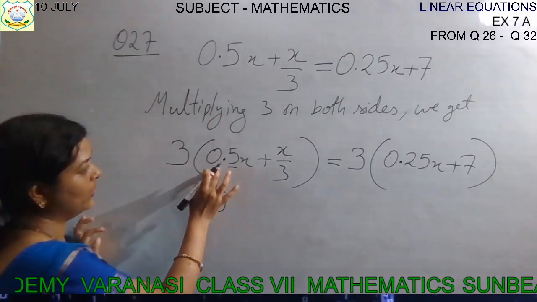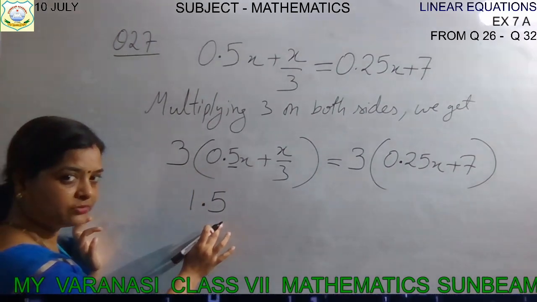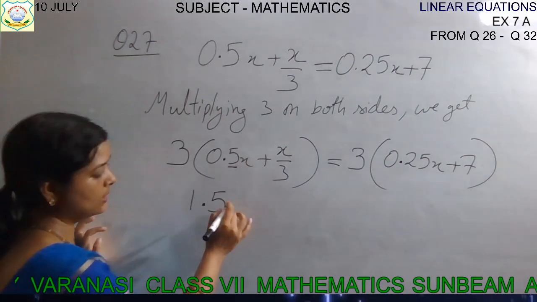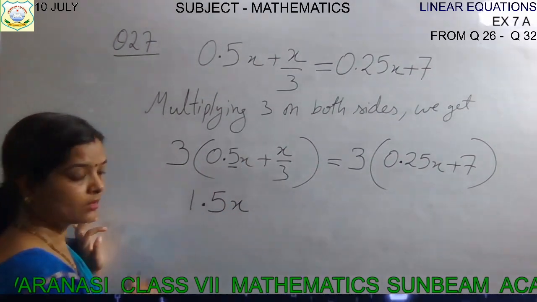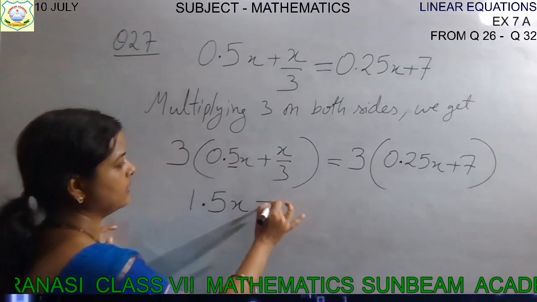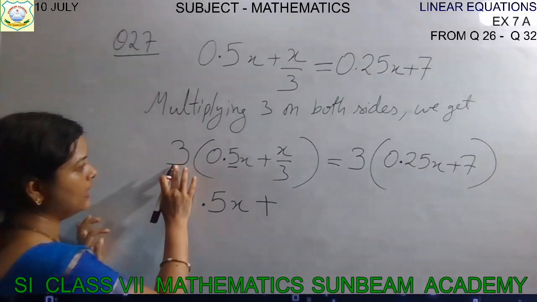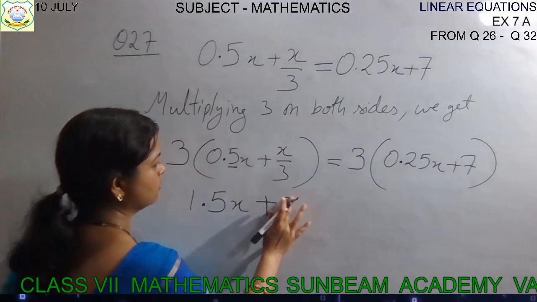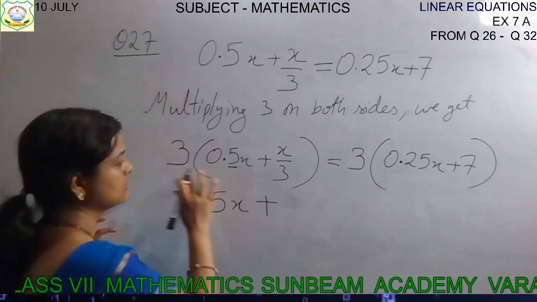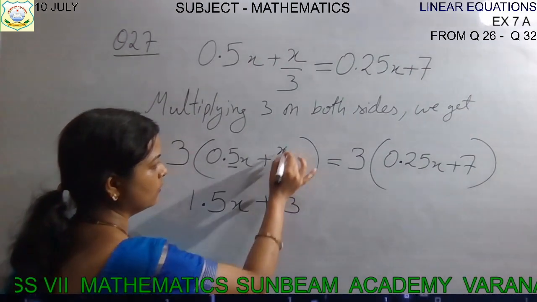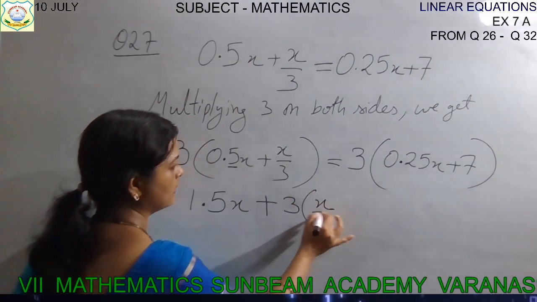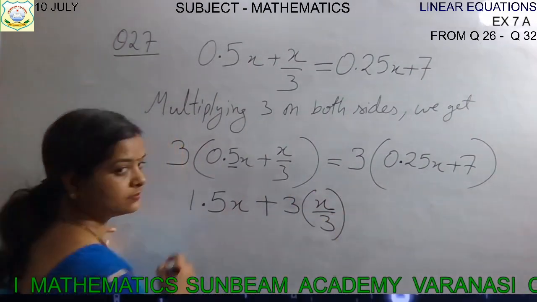Okay, so 0.5 into 3 is 1.5, and x is also there, so x will be there. Plus, 3 into the second term, x by 3.